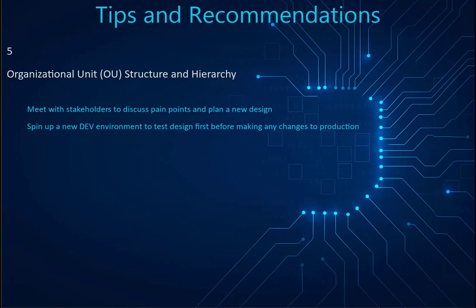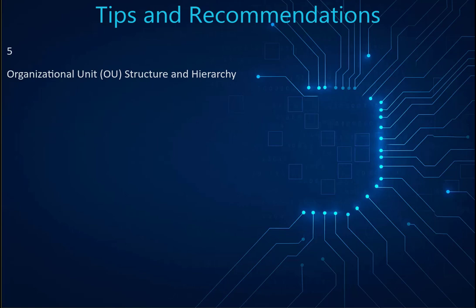And eventually, when everything works well, and you've moved all those objects into the new OUs and linked all your group policies to the new ones, then you can get rid of the old organizational units.